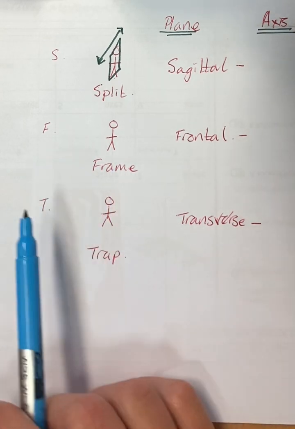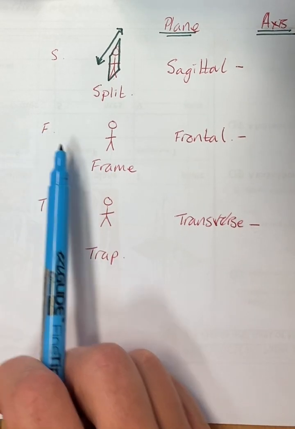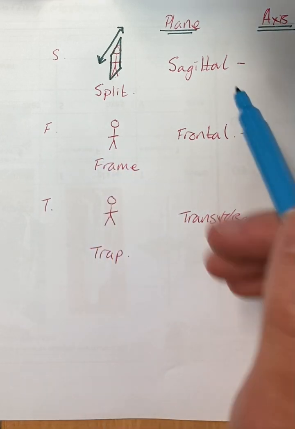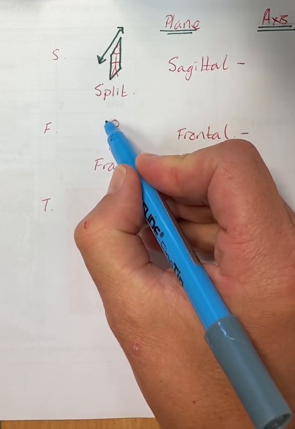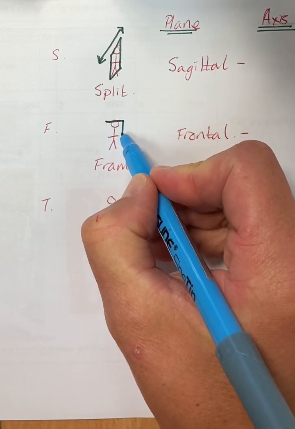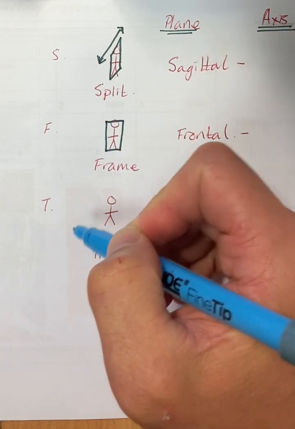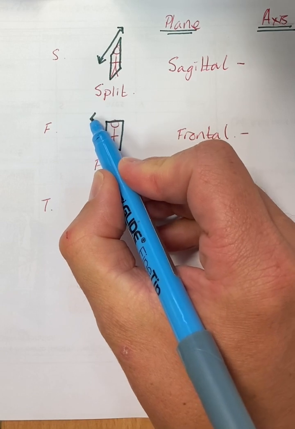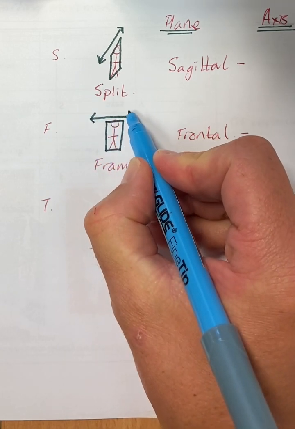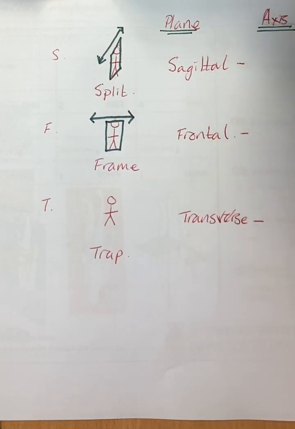Okay, your second naughty stickman, F, we're going to put him in a frame. So you split him front and back. This frame goes right down the middle of his body and splits the stickman front and back. Just like before, you draw an arrow along the top, which shows which way that naughty stickman can move.